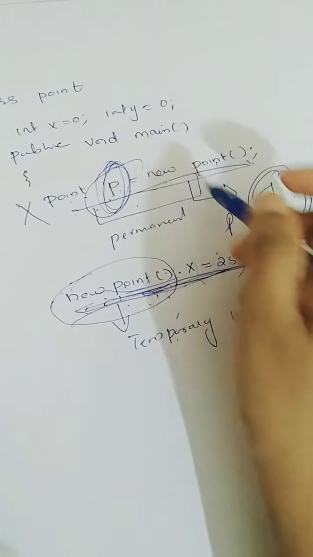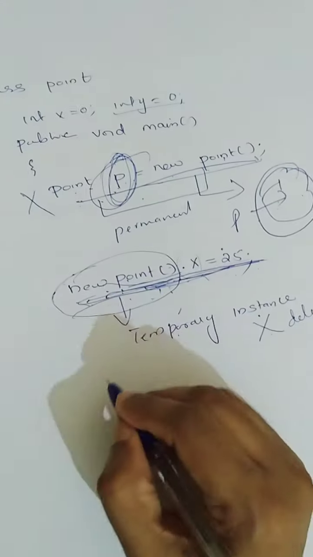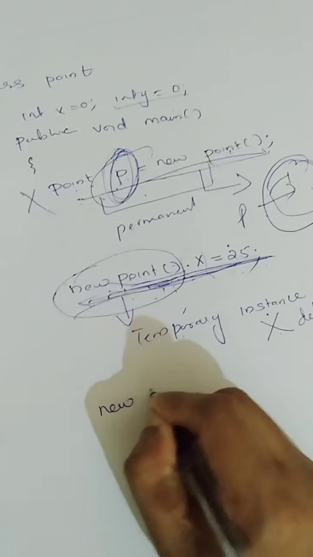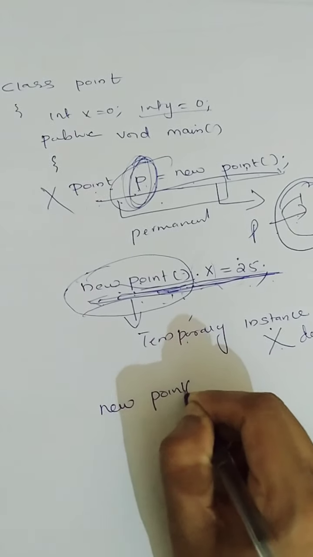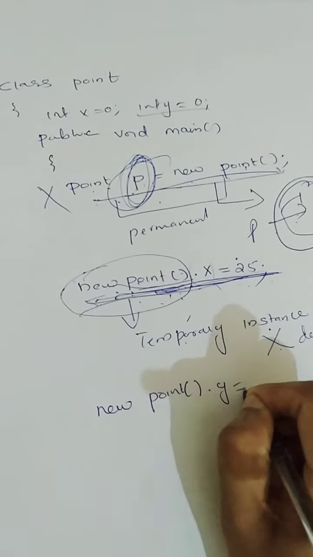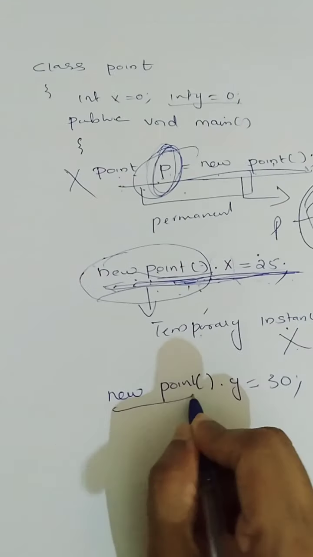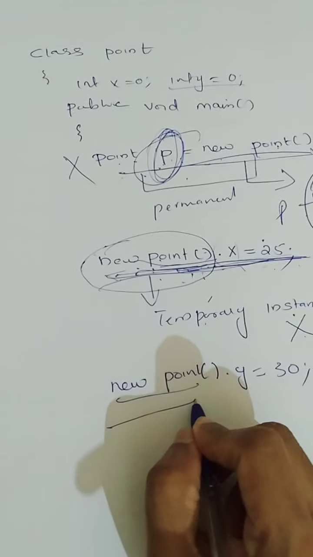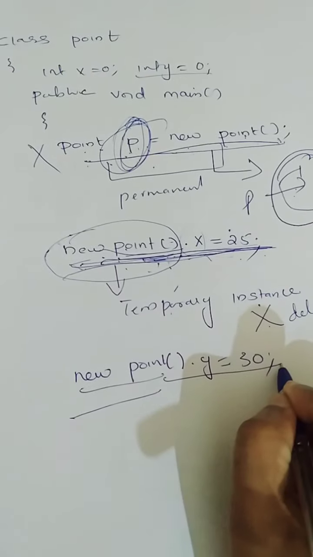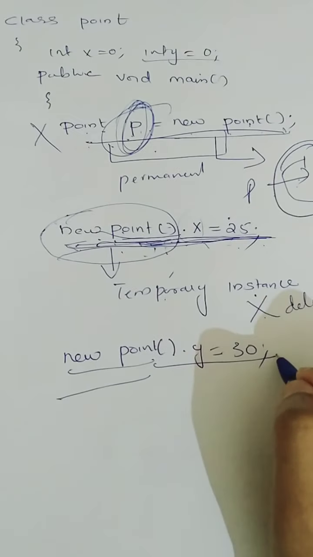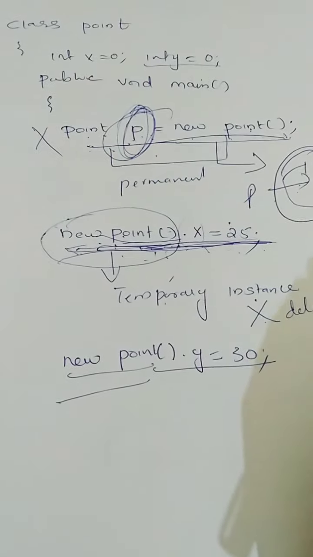So if you want to initialize y again, you have to write new Point().y is equal to 30. You have to write new Point() every time, because after this statement execution, this object will get deleted and will not be available.